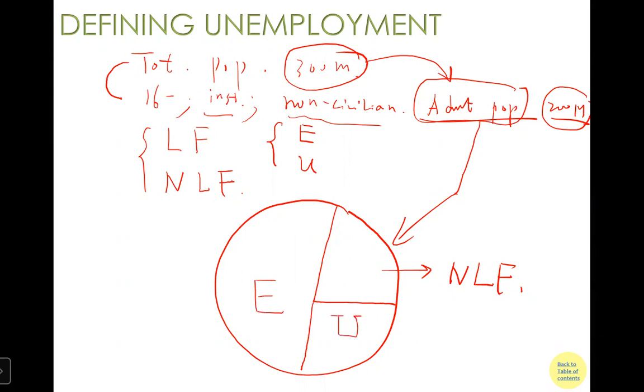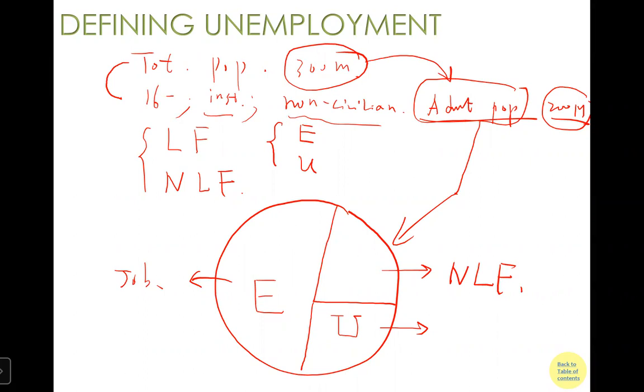Now, the last question: how do we define someone as employed and someone as unemployed? Whoever has a job, whether full-time or part-time, whether you like the job or not, you are employed.